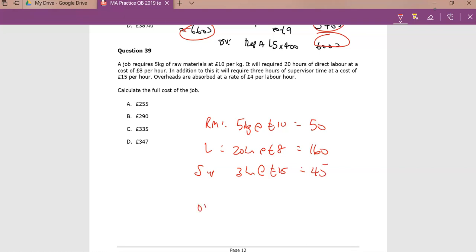And then in terms of overheads, we will spend £4. Always be careful of this: technically this is per labor hour, so even the supervisor is still labor. So this is 23 hours, which is why sometimes you might slip up, and this takes us to 92. You add all this together, and that comes to 347. So in terms of hours, think of the supervisors as well.